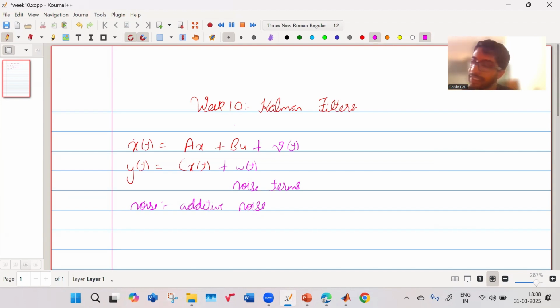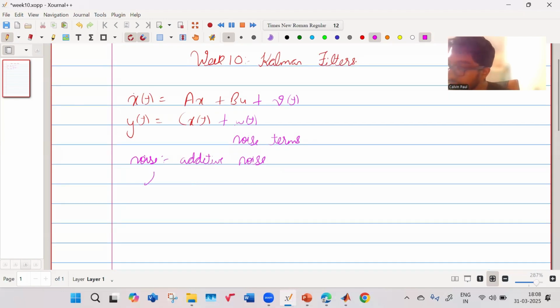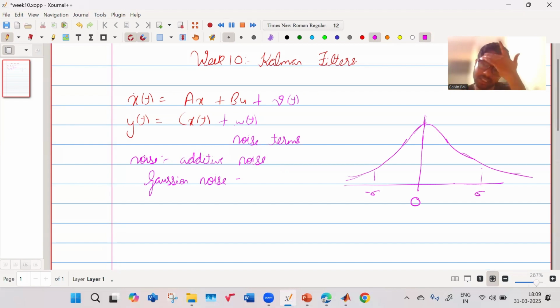It is assumed to be Gaussian noise. What is a Gaussian or normal distribution? It is something like this. It is assumed to have zero mean, with a standard deviation sigma, minus sigma, and so on.